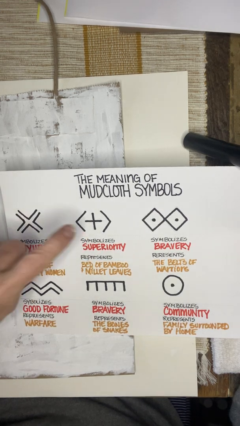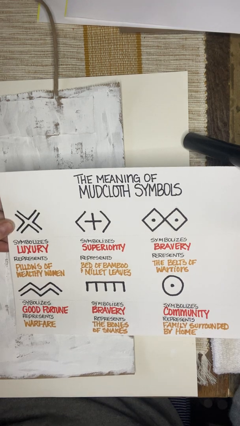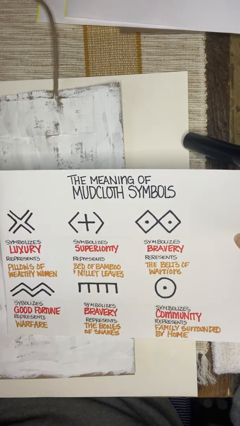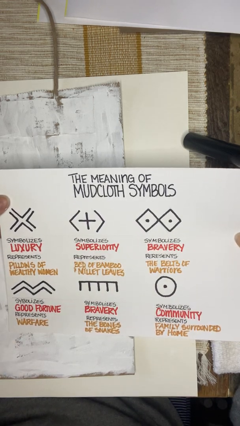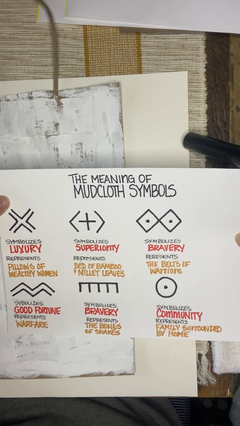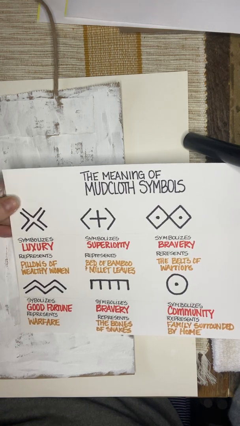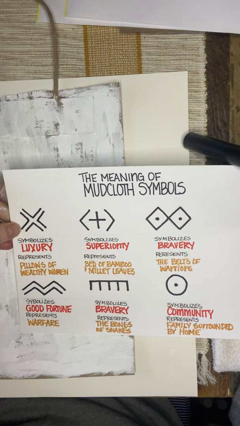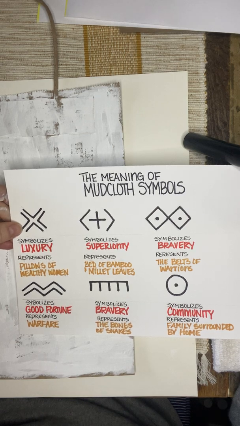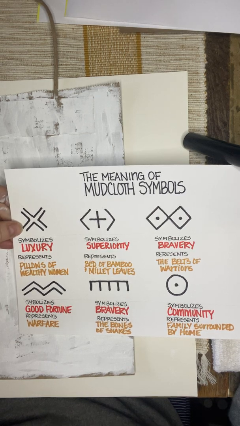The next one symbolizes superiority and represents a bed of bamboo and millet leaves. This one symbolizes bravery, and it represents the belts of warriors. The one on the bottom symbolizes good fortune, just a zigzag pattern, and represents warfare.